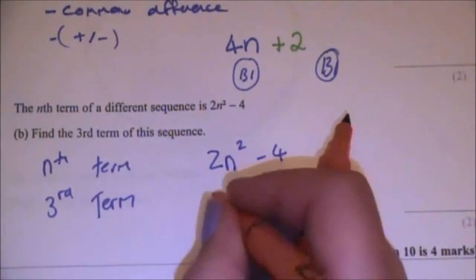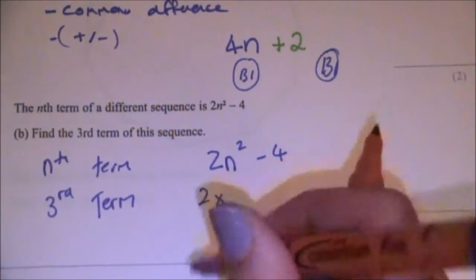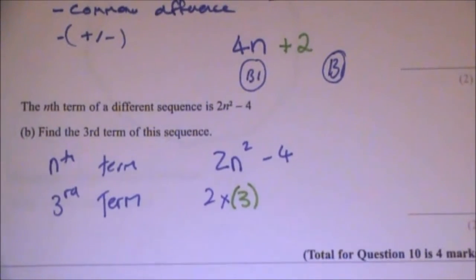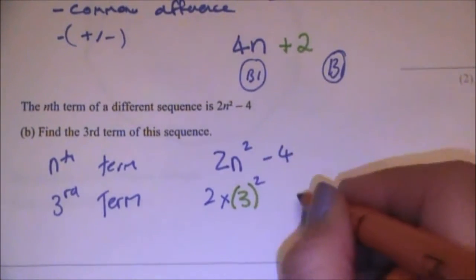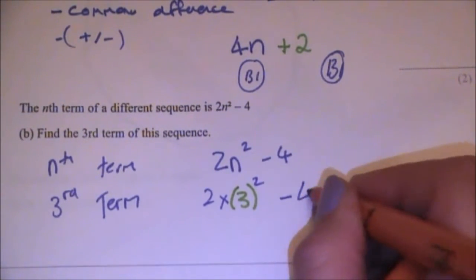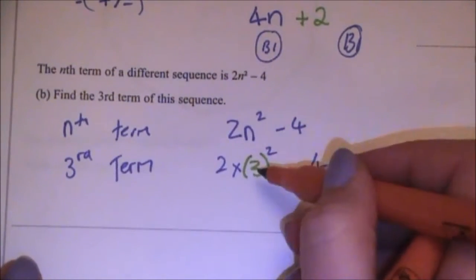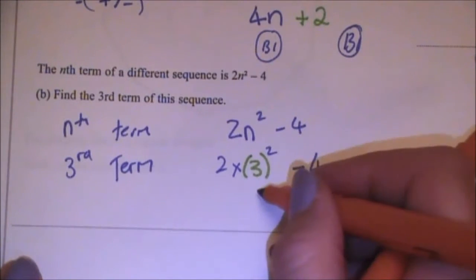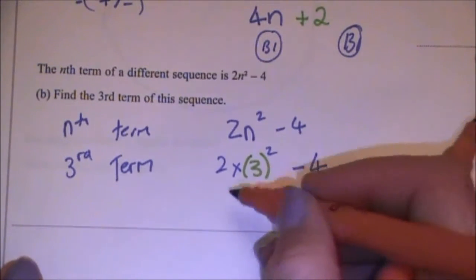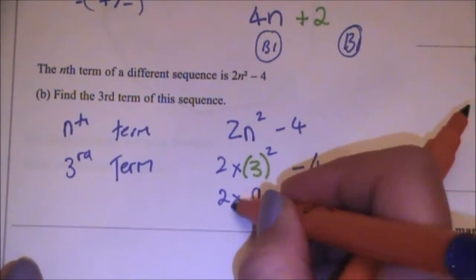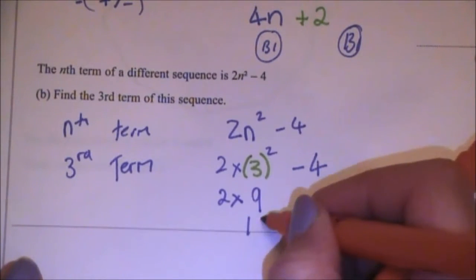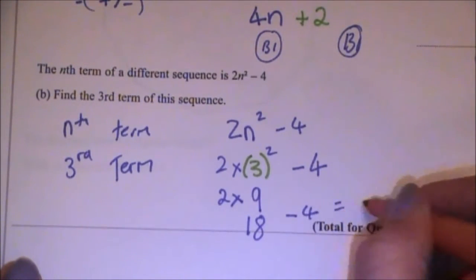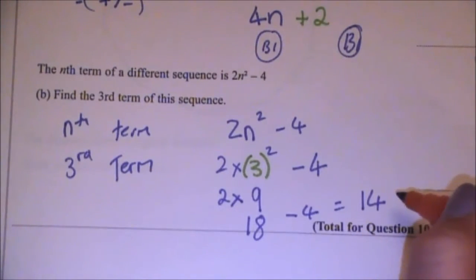So it's going to be 2 times by 3 squared, and then we're going to take away the 4. Now this is an indices, so we do this first. 3 squared is 9. So then I've got 2 times 9, which is 18. Then I've got my take away 4, which is going to give me 14.